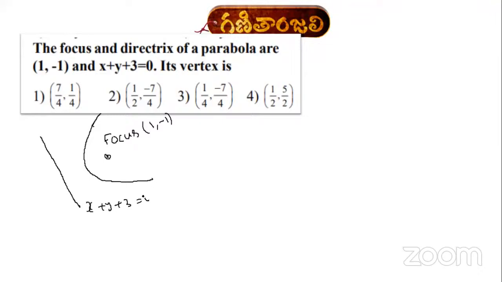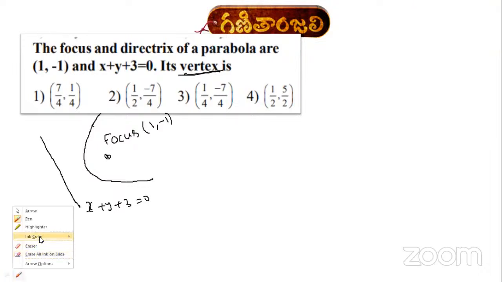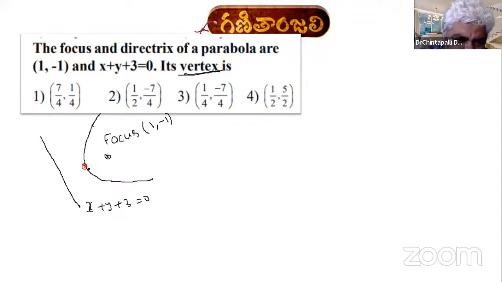Just now we found this distance using the concept of focus and directrix. But here the vertex is asked. That means what is asked here? Vertex is asked, so we need the vertex. This is called the vertex, right students? We need the vertex.